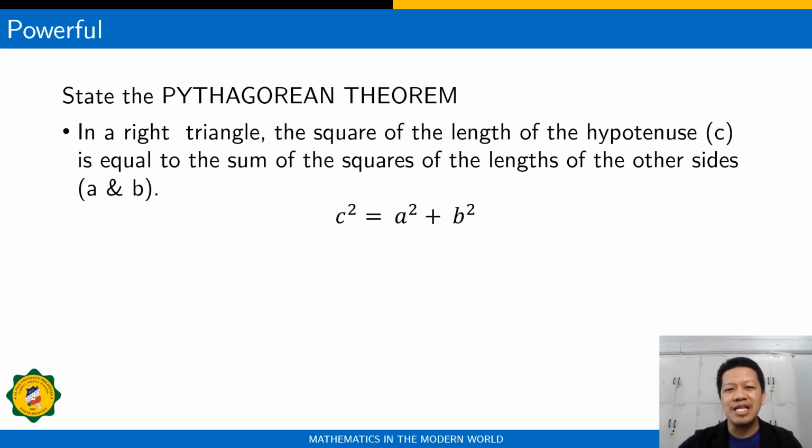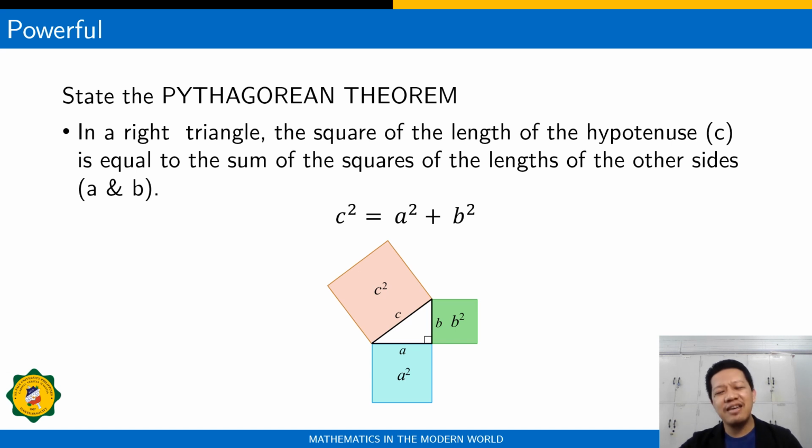But the meaning of that is this statement: in a right triangle, the square of the length of the hypotenuse is equal to the sum of the squares of the lengths of the other sides. So that's one example of the power of mathematics. And we can also use diagrams, models, and figures to represent ideas, and that means math is powerful through this.